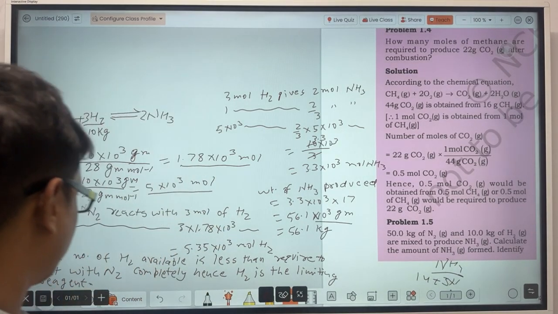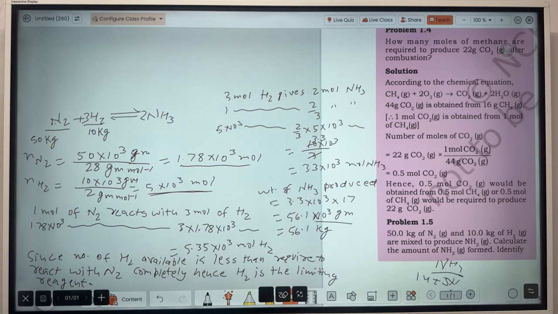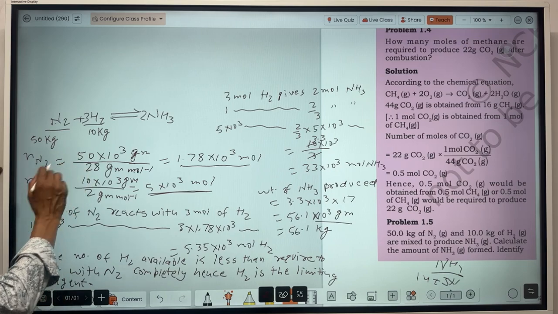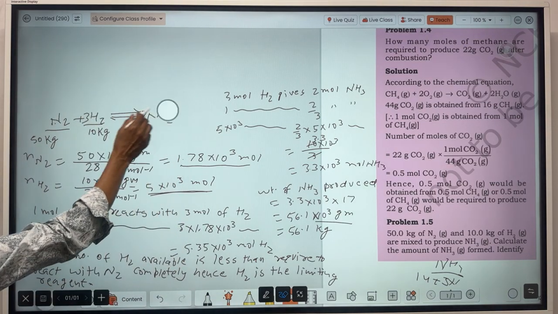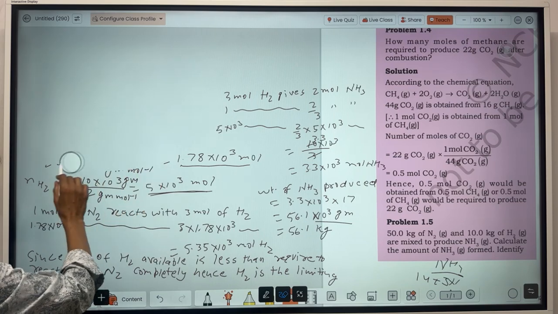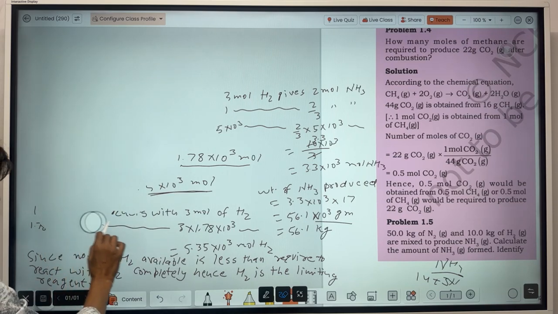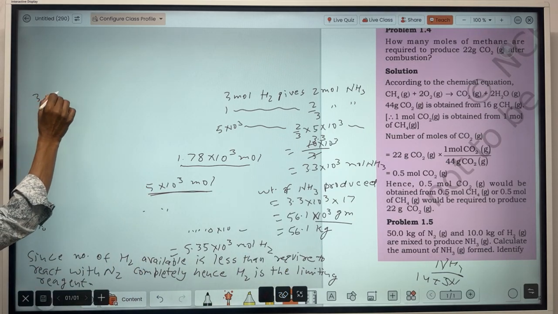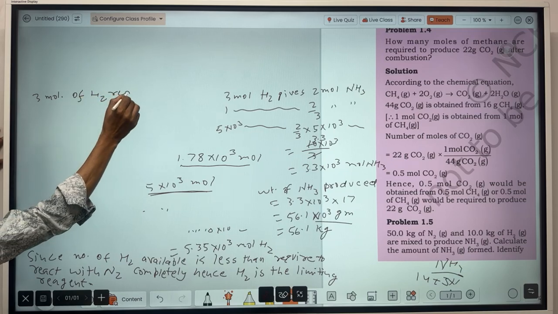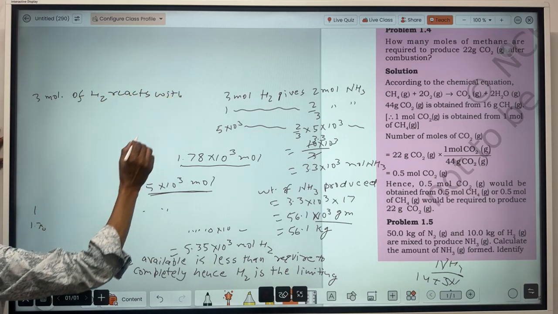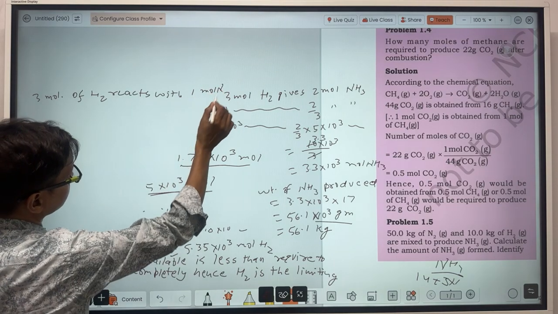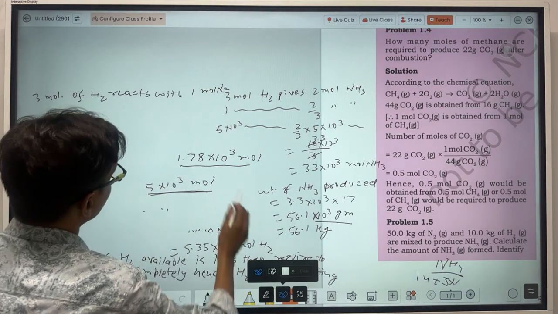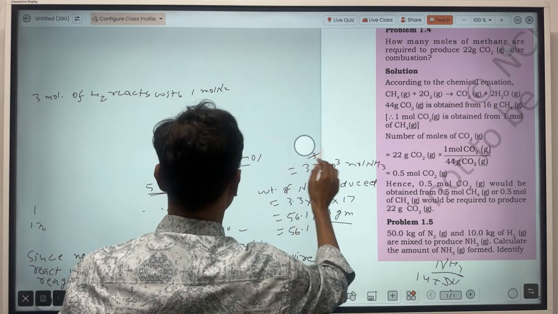Let's see how much. So 5 into 10 power 3 mole of hydrogen will react completely there. 3 moles of hydrogen react with 1 mole of nitrogen.